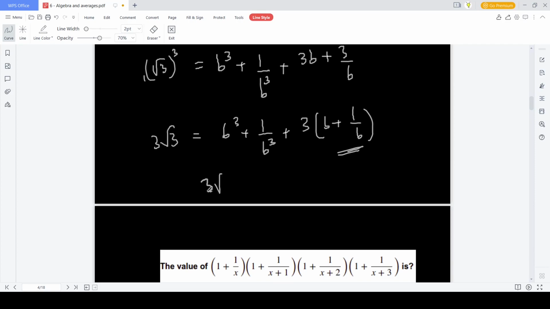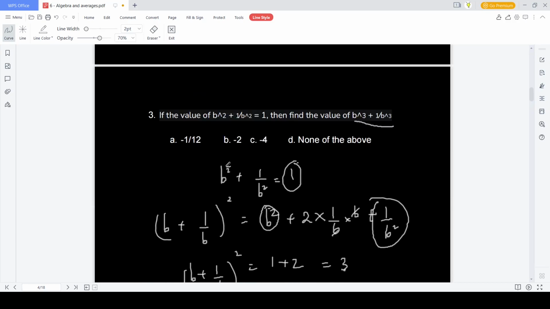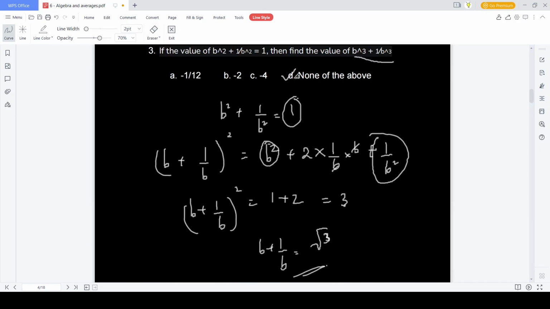So we'll get 3 times root 3 is equal to b cube plus 1 by b cube plus 3 times root 3. 3 times root 3 cancels. You will get b cube plus 1 by b cube equal to 0. So the answer is none of the above.